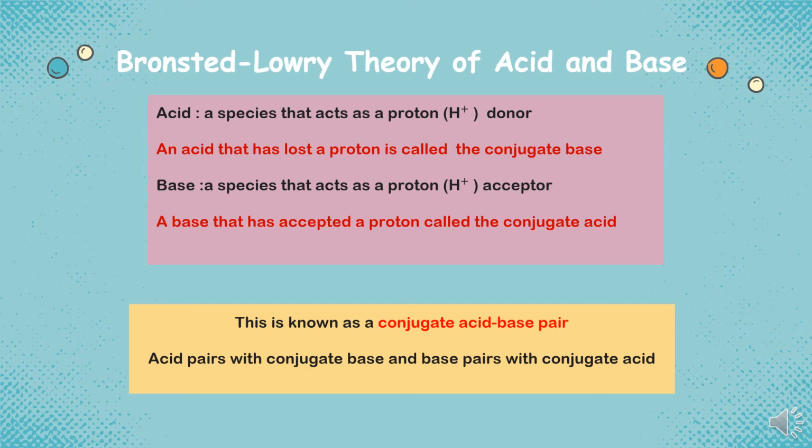Base, a species that acts as a proton acceptor. A base that has accepted a proton is called the conjugate acid. This is known as a conjugate acid-base pair. Acid pairs with conjugate base and base pairs with conjugate acid.